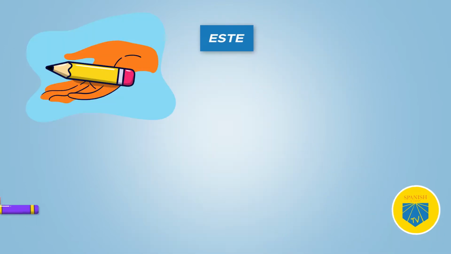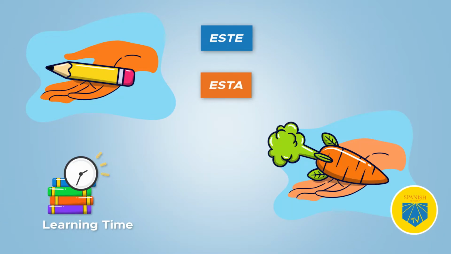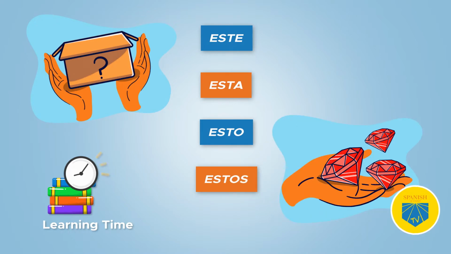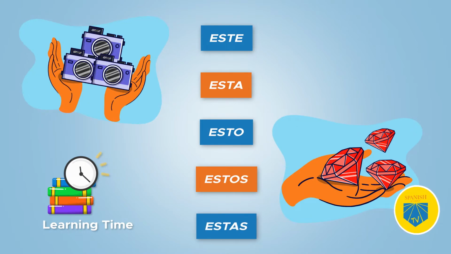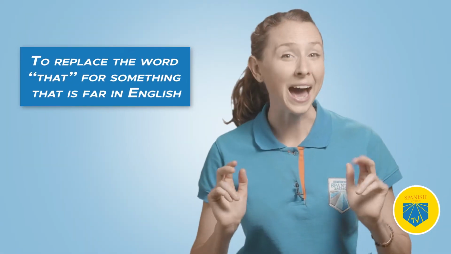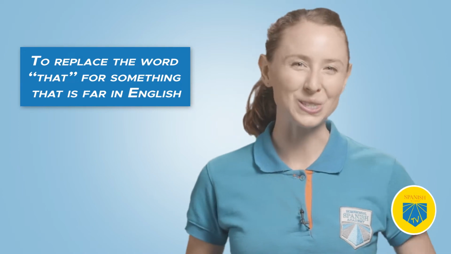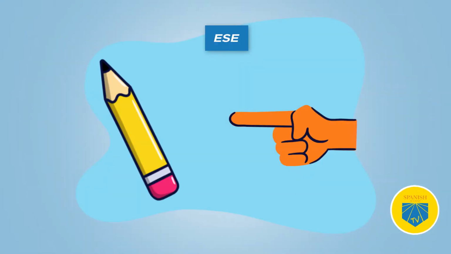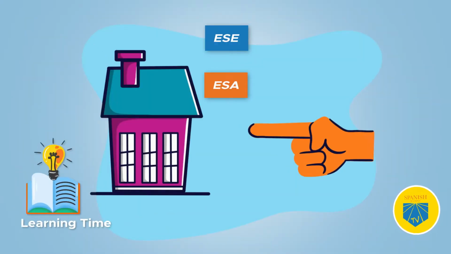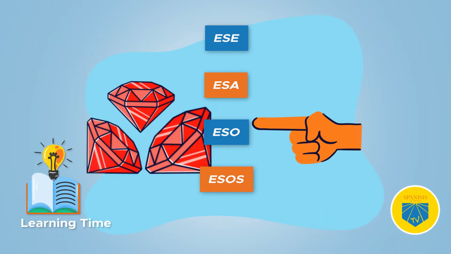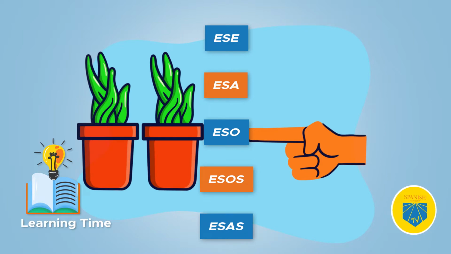These are este, esta, esto, estos, estas. To replace the word that for something that is far in English, Spanish speakers use ese, esa, eso, esos, esas.